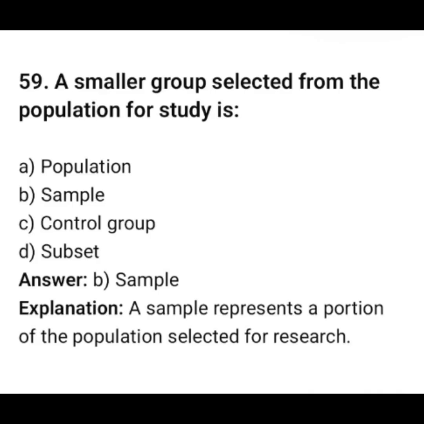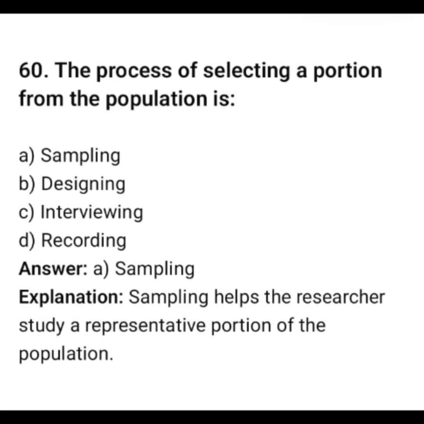A smaller group selected from the population for study is: population, sample, control group, subset. The correct answer is option B, sample. A sample represents a portion of a population selected for research. The process of selecting a portion from the population is: sampling, designing, interviewing, recording. The correct answer is option A, sampling. Sampling helps the researcher study a representative portion of the population.